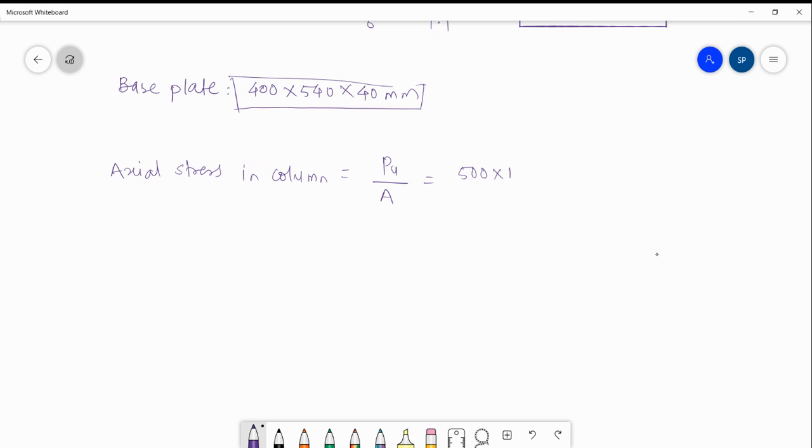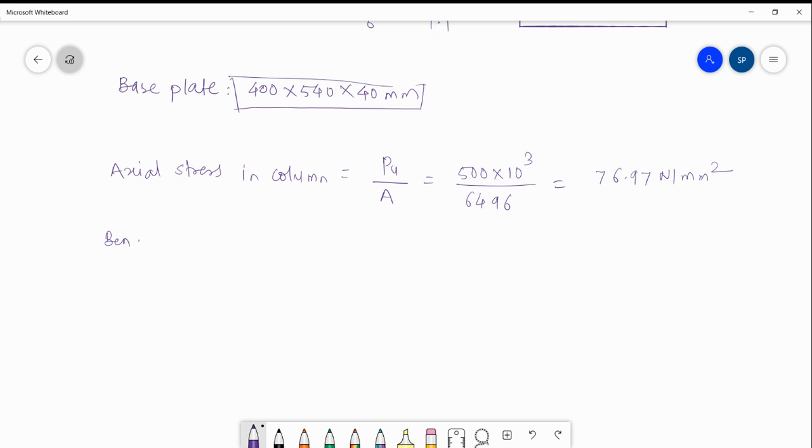So 500 into 10 raised to 3. For ISHB 250, area is 6496. You can take it from steel table. So this comes out to be 76.97 Newton per mm squared.